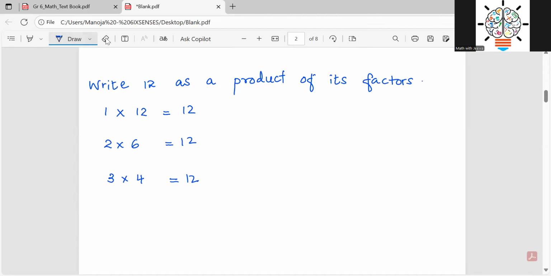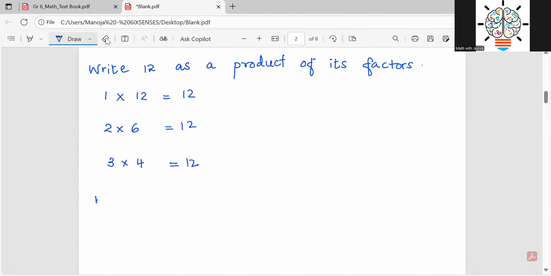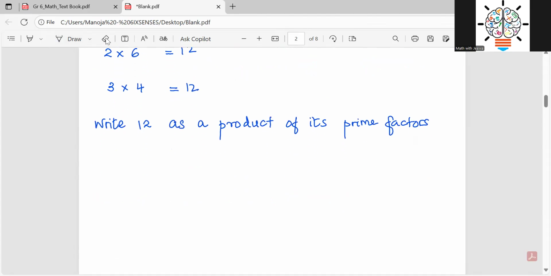But by any chance, if they have mentioned something like this in the question, that you want to write 12 as a product of its prime factors, that is different. How do you get this kind of thing, children? You take 12 and start dividing.